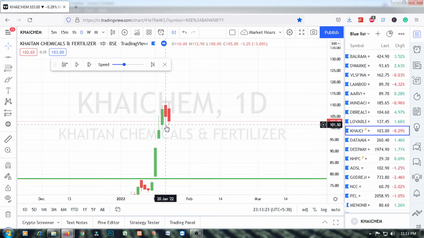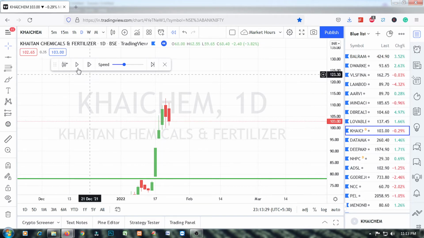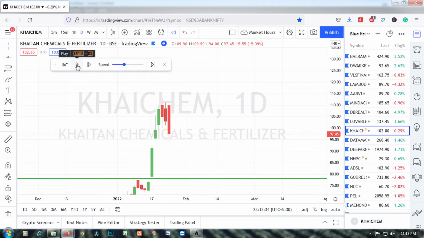If we consider this wick, this candle is not that scary. So let us look at a few more days. On the next day, 24th January, you can see a strong bearish candle. It has broken the low of the previous green candle and also the low of the previous 2 days' bearish candles. So this is the point where we have to consider exiting the position.